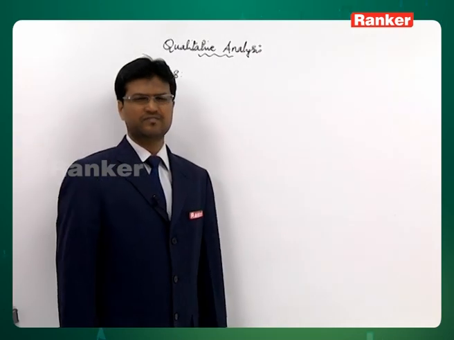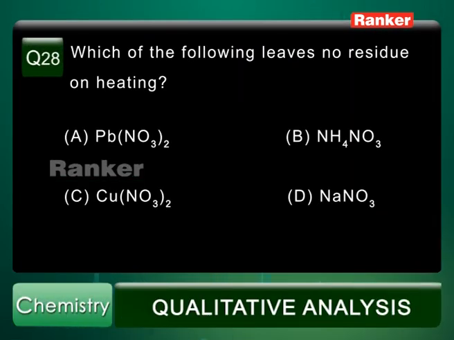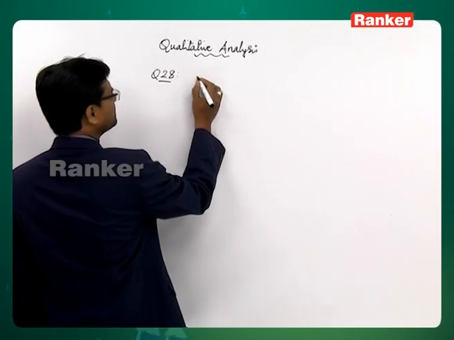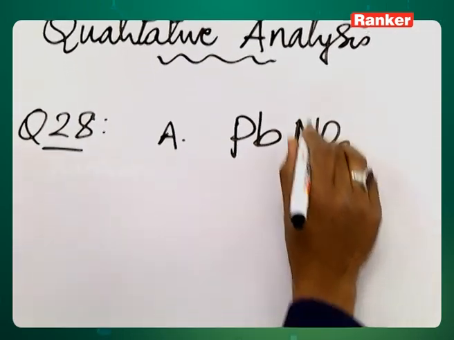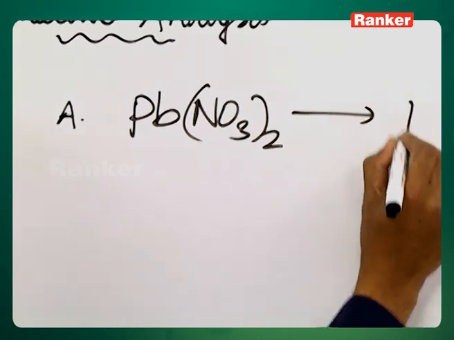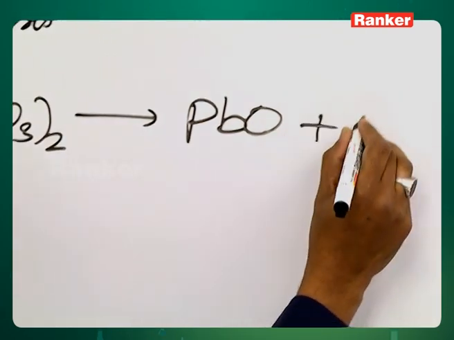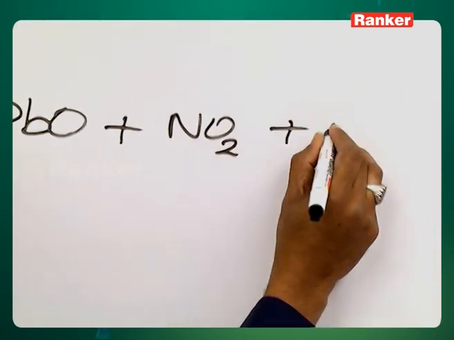Question number 28. Which of the following leaves no residue on heating? A, Pb(NO3)2, B, NH4NO3, C, copper nitrate, D, sodium nitrate. The correct answer is B, ammonium nitrate. Let's look at the equations. Pb(NO3)2, when it is heated, you get PbO, NO2 and O2.